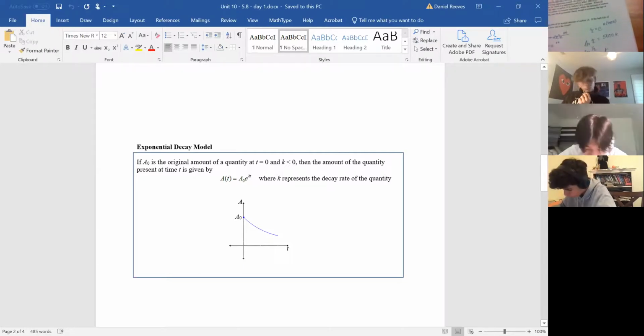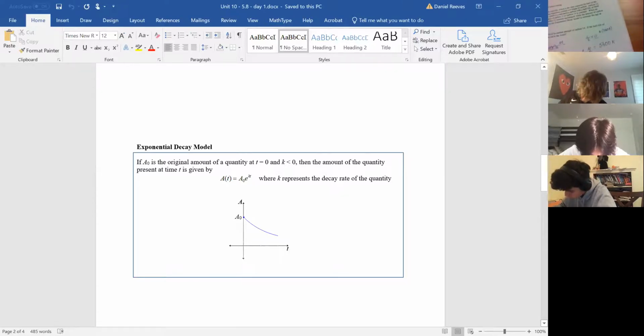Natural log of 0.5, all divided by 5,600 is negative 0.00012. k equals a negative 0.00012. I could have predicted that it was going to be negative because this is exponential decay.